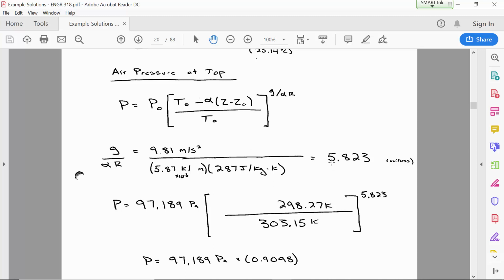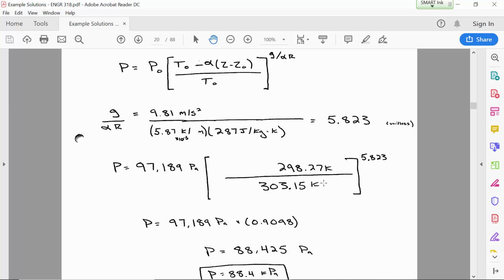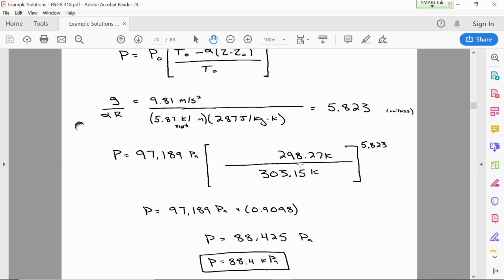So 5.823. That tells us that the pressure aloft is going to be about 88.4 kilopascals. Maybe slightly different once I update that temperature. But it goes from 97 kilopascals to about 88 kilopascals. So that's the atmospheric pressure variation.